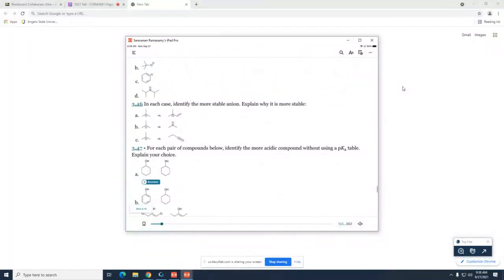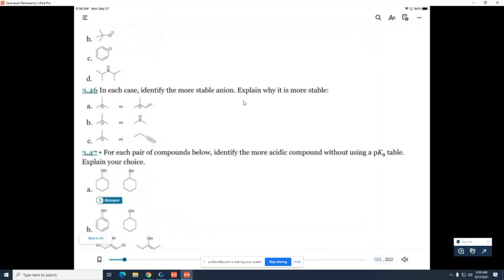Moving on to a different question. 3.46, I don't think I need to draw that. Identify the more stable anion, in other words, weak base.